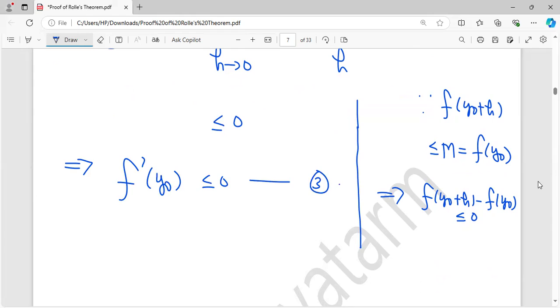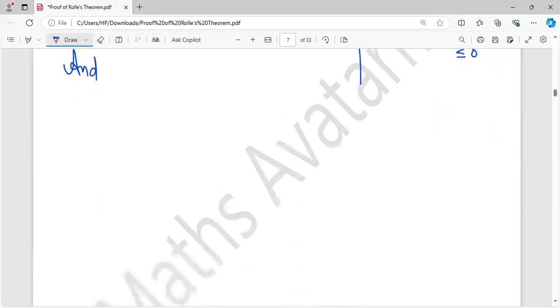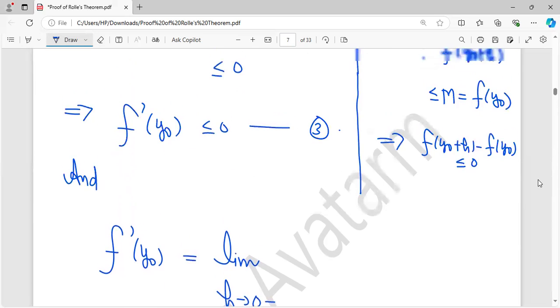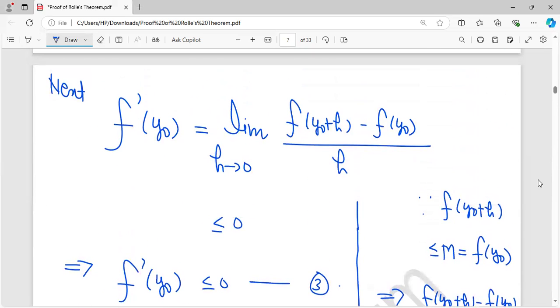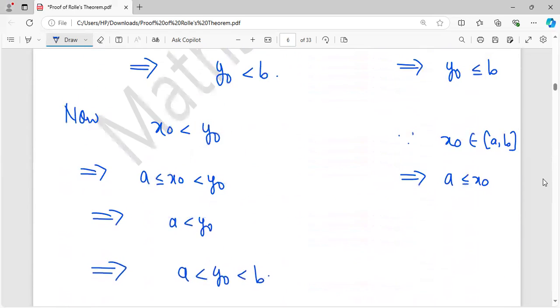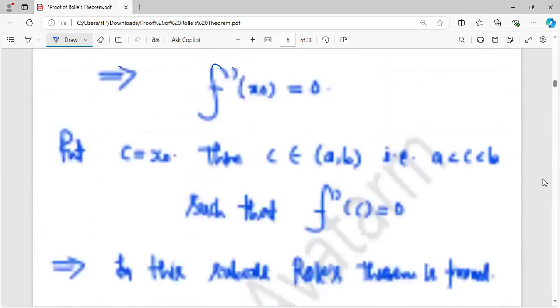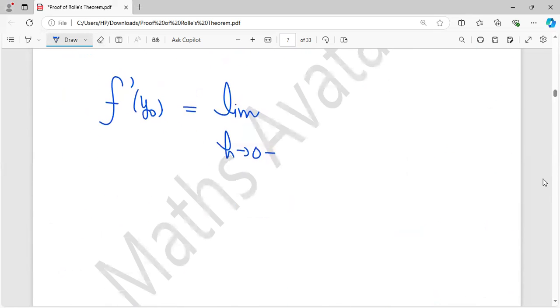Equation number 3. And now take the left hand derivative. f dash y naught is equal to the limit as h tends to the left side of 0, so this was the positive direction, then what will you get?